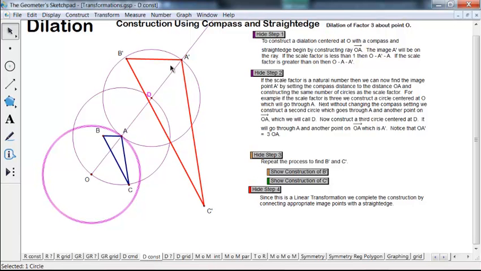So that's a different type of construction there, using a ruler. This is a classical construction using compass and straight edge. Now, different factors make it more difficult if it's not, say, a half or just an integer. If it was like 2.7 or something for the factor, that would be a little harder to construct. But at least for our whole numbers, they make it pretty nice.